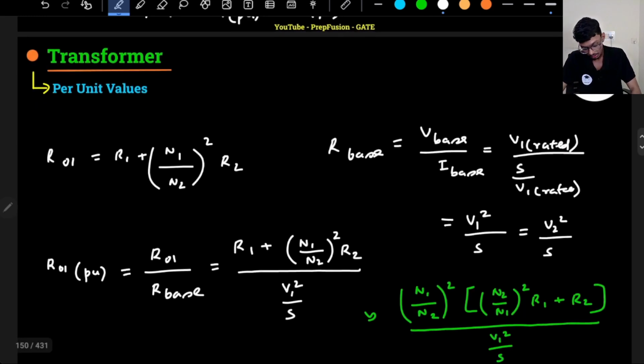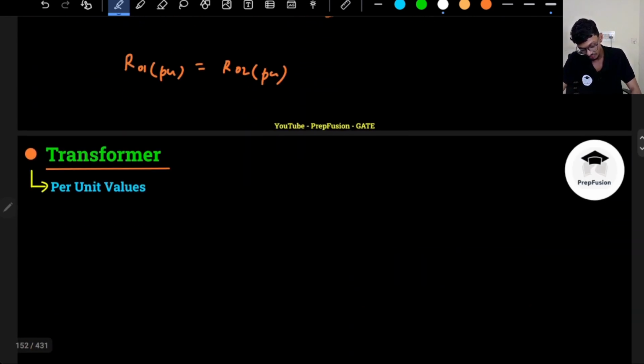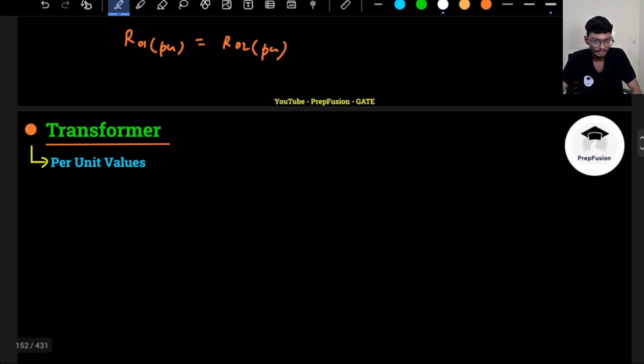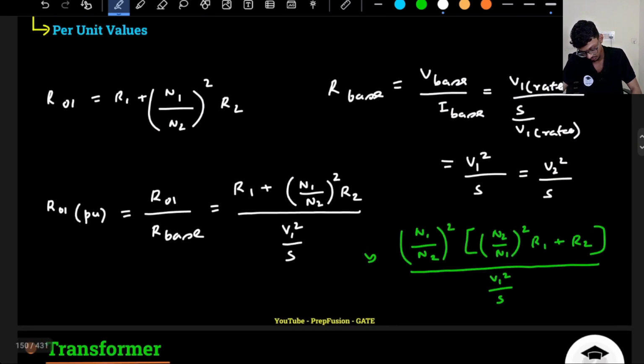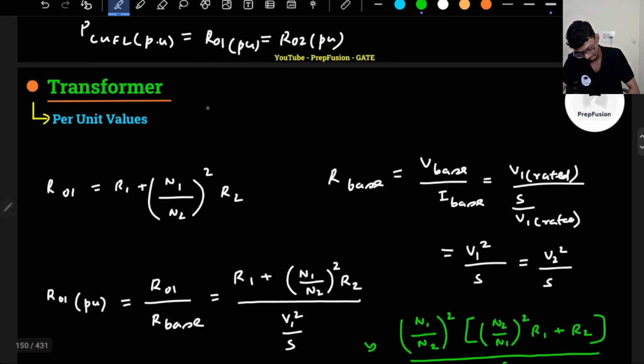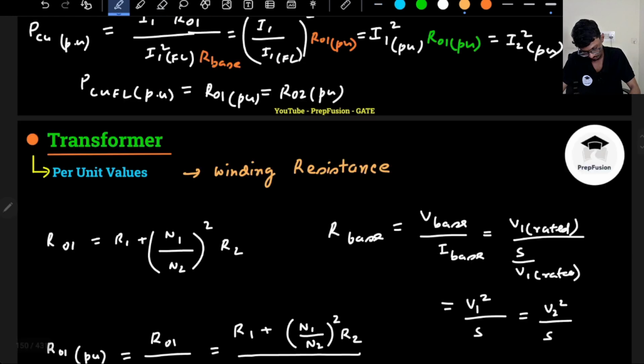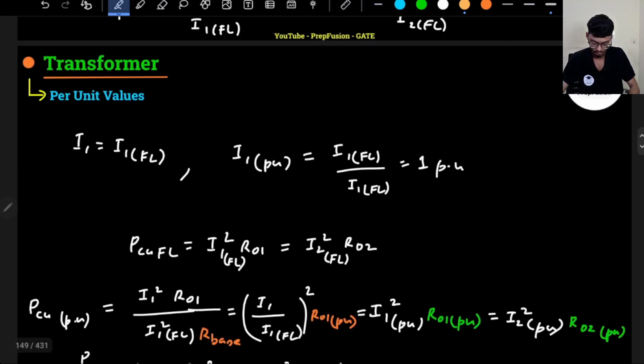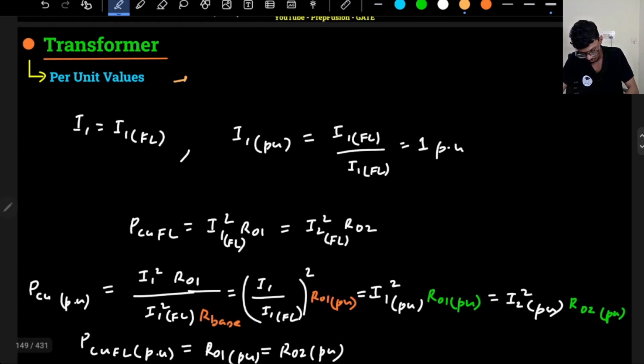Okay, now let's discuss the per unit value of drop. So this was about the winding resistance. Okay, and this was about the copper loss.